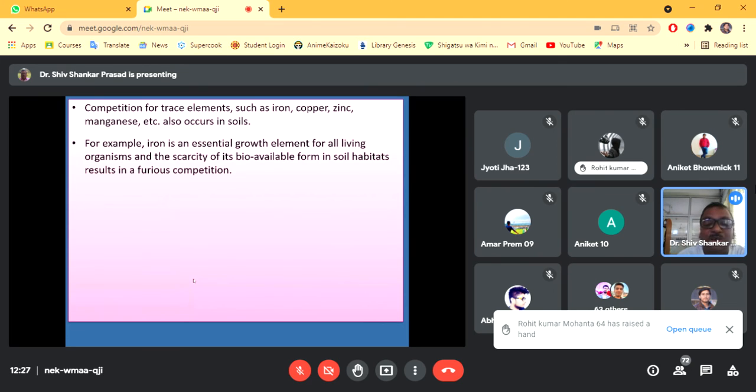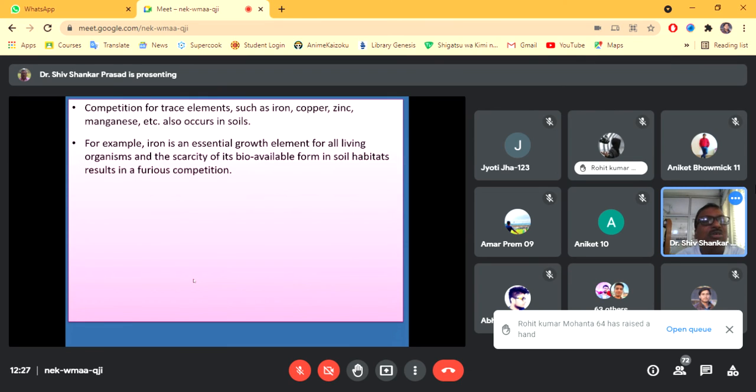Like you know about the siderophores. Some plant growth promoting bacteria are able to assimilate iron, or they convert iron into organic form, or they chelate it, and that affects the microorganisms.